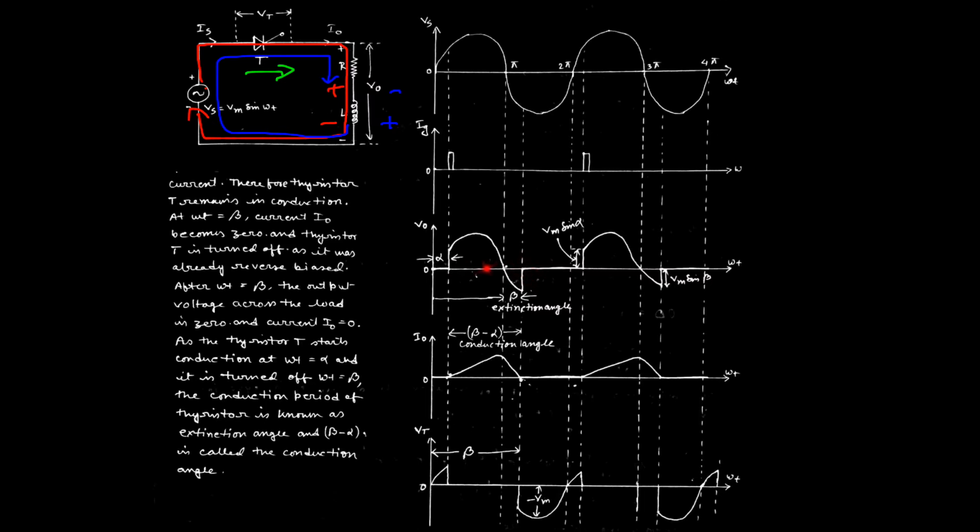So beta minus alpha is defined as the conduction angle. This is the extinction angle beta, this is the firing angle alpha, and this angle, beta minus alpha, is the conduction angle.